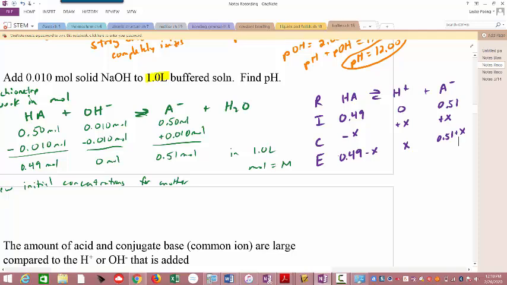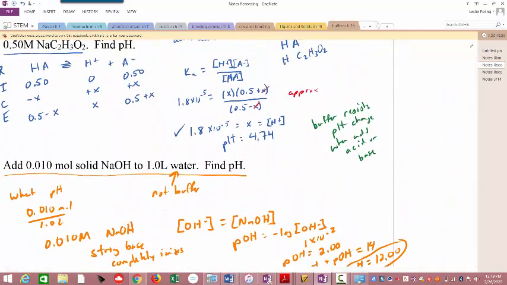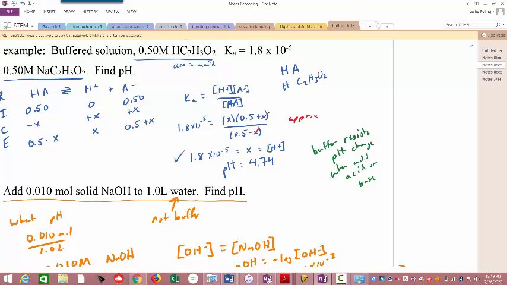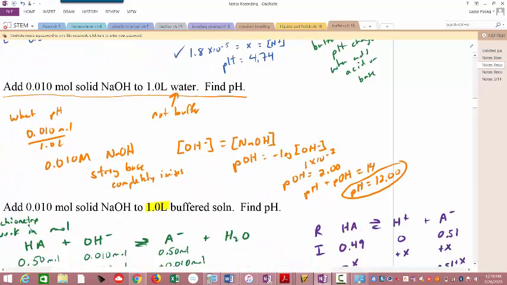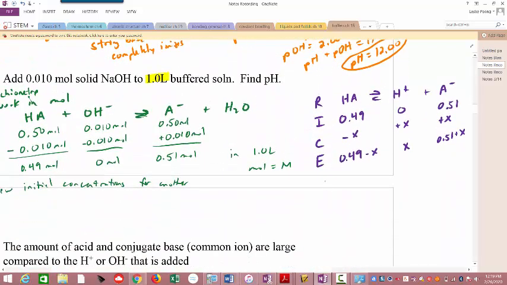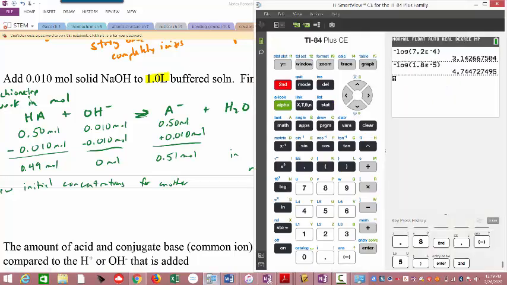So same Ka. Go back up here to this one that we did originally. We've got the same Ka set up. We've got the same Ka value. So 1.8 times 10 to the minus 5 is equal to x times 0.51 plus x over 0.49 minus x. Okay, now remember our approximation, our plus x and minus x, we can end up dropping, but our numeric solver does it for us.